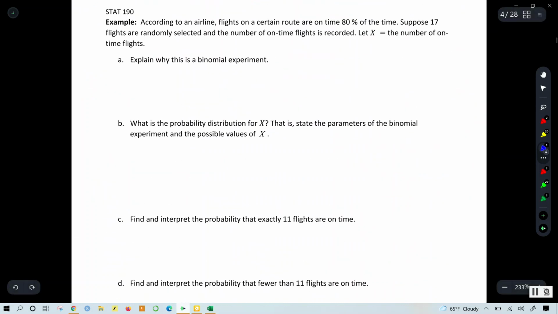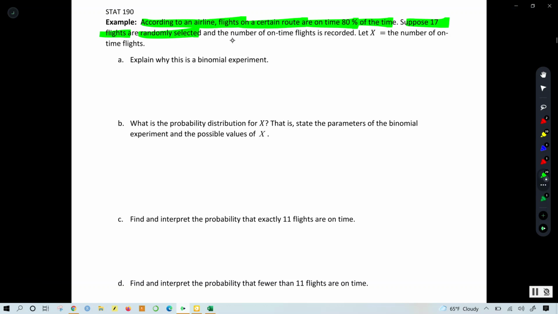We are told here that according to an airline, flights on a certain route are on time 80% of the time. Suppose 17 flights are randomly selected, and out of those 17 flights, the number of on-time flights is recorded. Let X be the number of on-time flights.